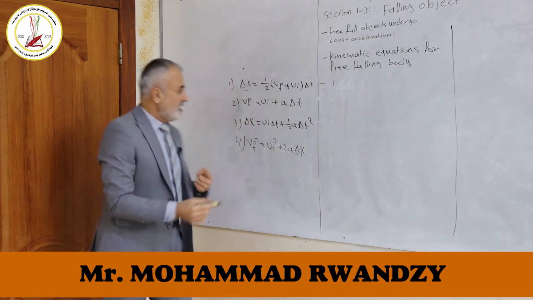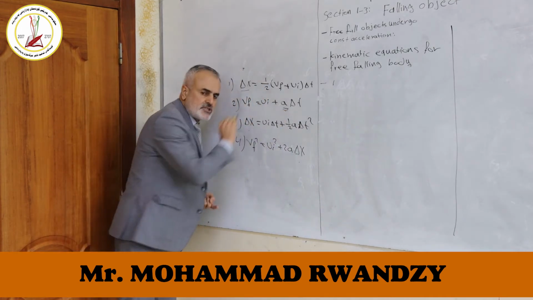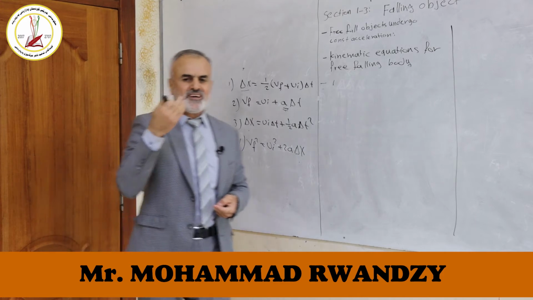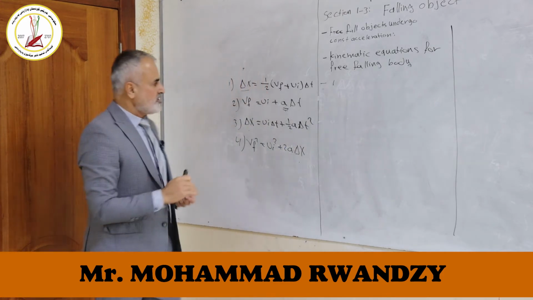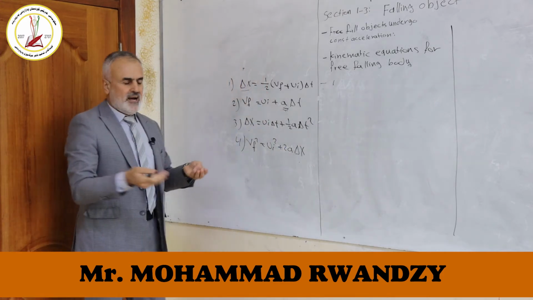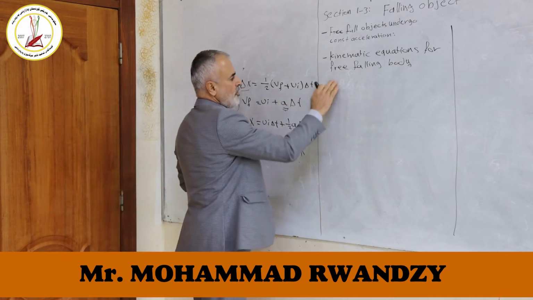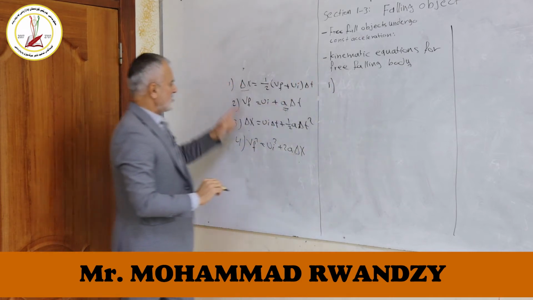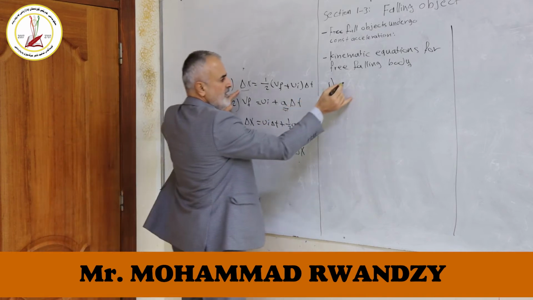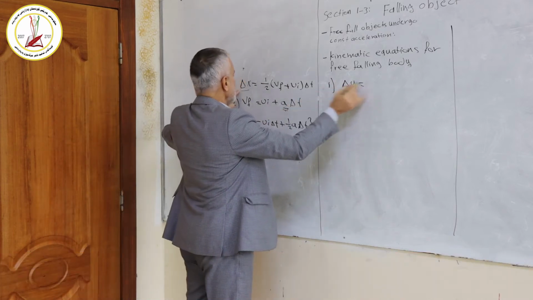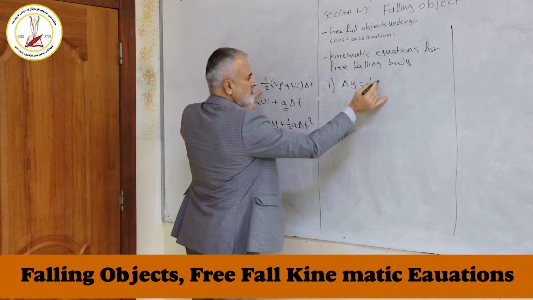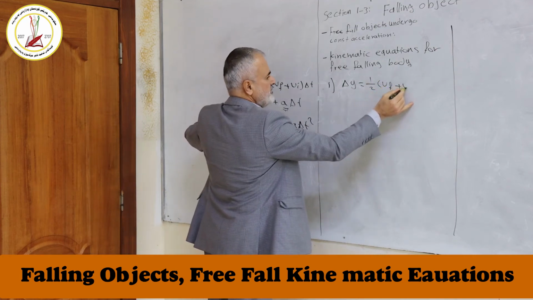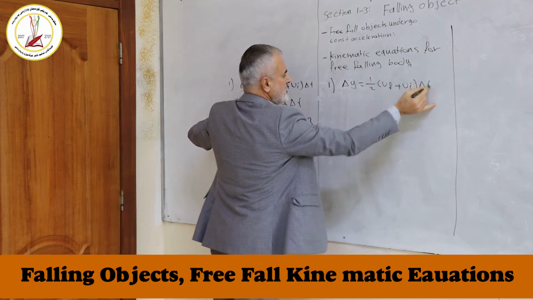And instead of the acceleration a, we have g, the gravity, which is constant. So let me write down these equations for the free falling object. Instead of delta x, here we have delta y equals 1 over 2 times V final plus V initial, all times delta t.